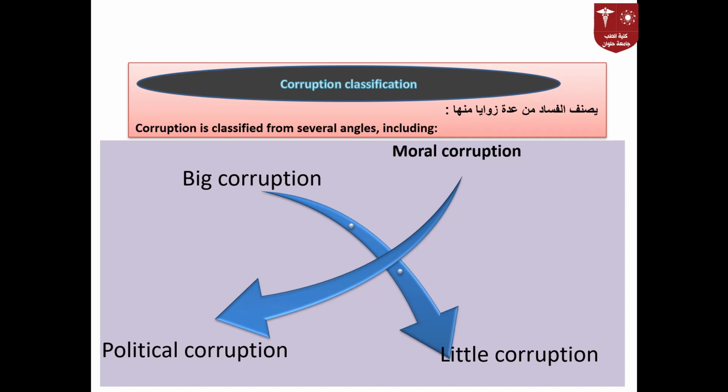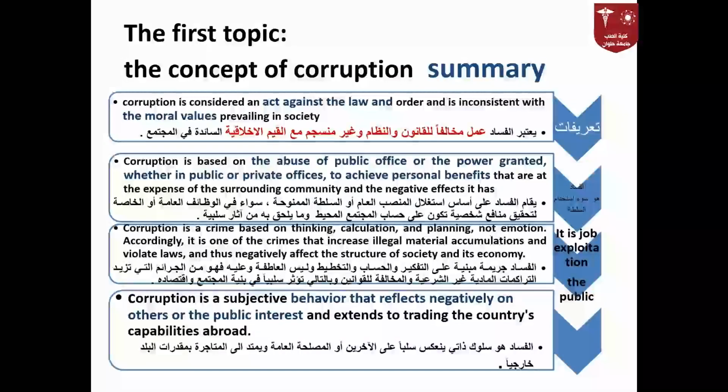Corruption is classified from several angles, including big corruption, little corruption, and political corruption. Also, we find moral corruption. Corruption is job exploitation of the public.